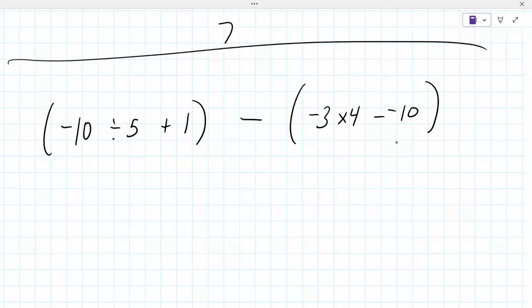So that'd be 2, I mean, sorry, 10 divided by 5 would be 2, plus 1. Negative 3 times 4 is negative 12, plus 12.